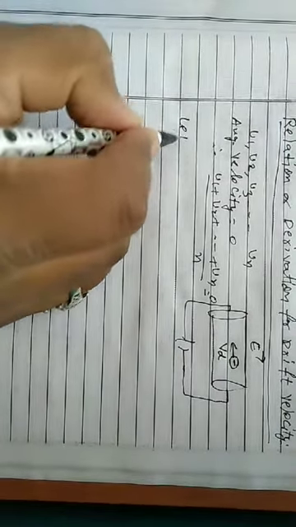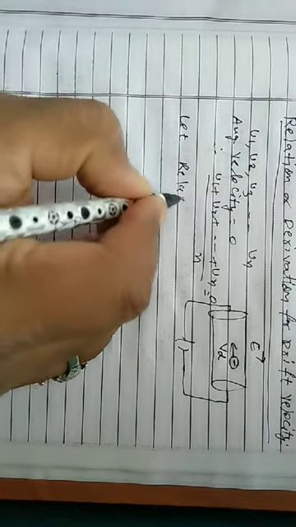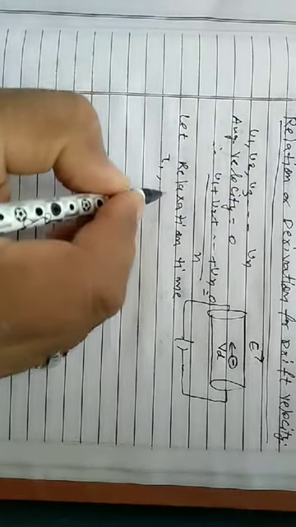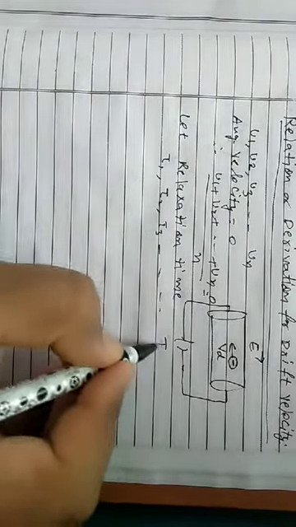Let the relaxation time for the first electron, second electron, third electron, and for the nth electron be tau n.